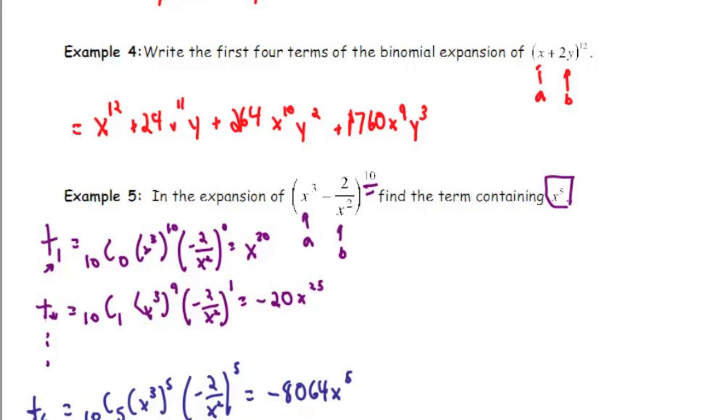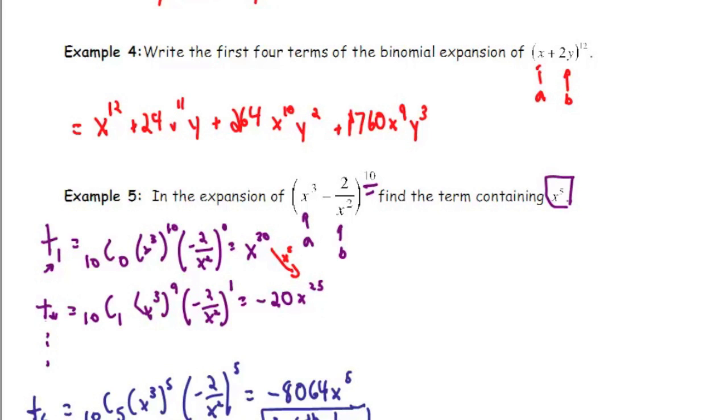And term 6 is equal to 10 choose 5, x cubed to the power of 5, negative 2 over x squared to the power of 5, which is equal to negative 8064 x to the 5th. So by brute force, we would know that the 6th term has our x to the 5th. So we've done that.